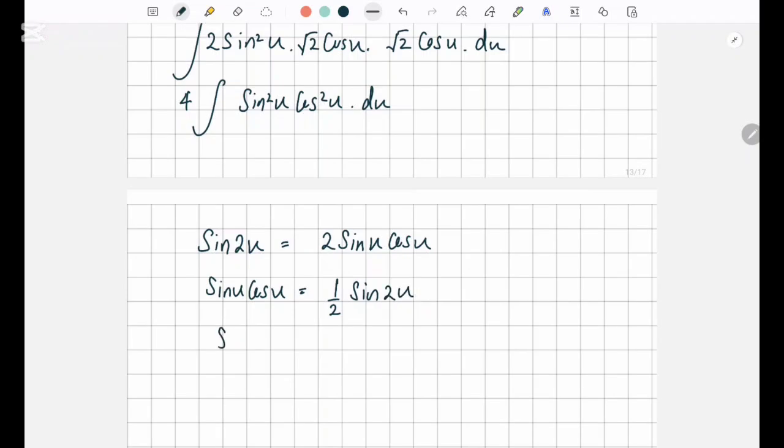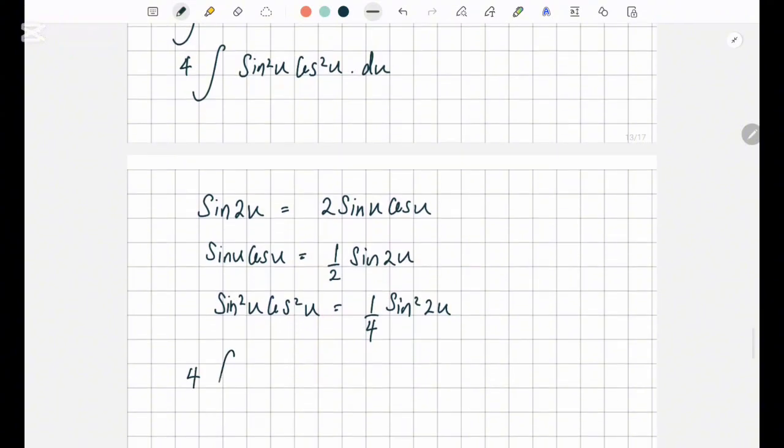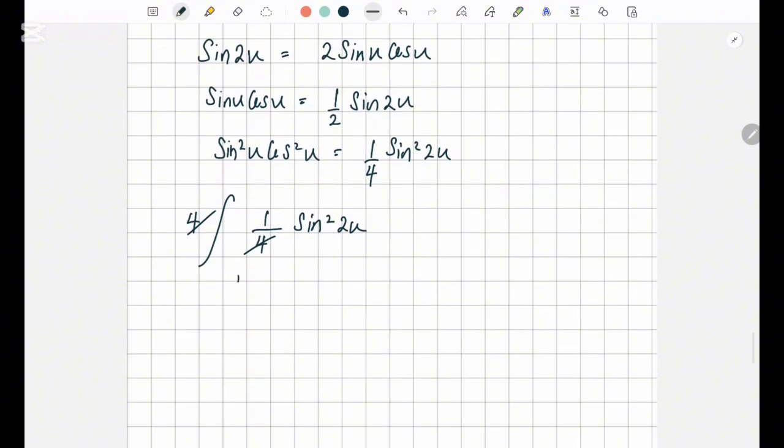If you square both sides, now it's going to be sine squared u into cos squared u equals 1 over 4 sine squared 2u. Now instead of writing this, you could write 4 into the integration of 1 over 4 sine squared 2u. You can see the 4's cancel off, and all we have to integrate is sine squared 2u.